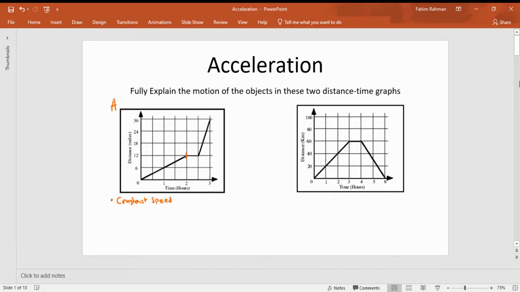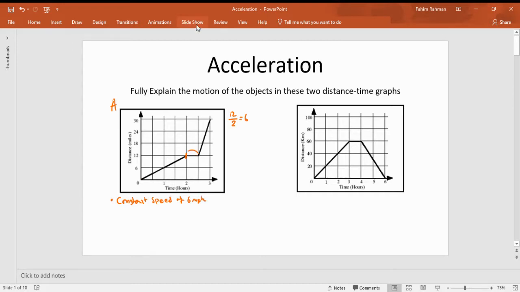Okay, now if we notice that we're traveling from 0 to 12 miles in the space of 2 hours, working out the gradient, we've got a difference of 12 in the y-axis and a difference of 2 in the x-axis, which gives us 6. So it's a constant speed of 6 miles, because that's what our distance unit is in, and then hours is our time, so miles per hour.